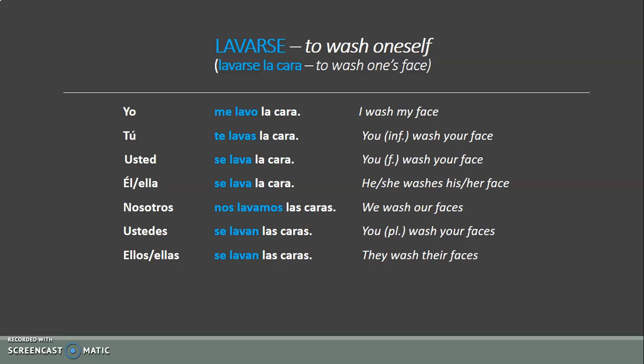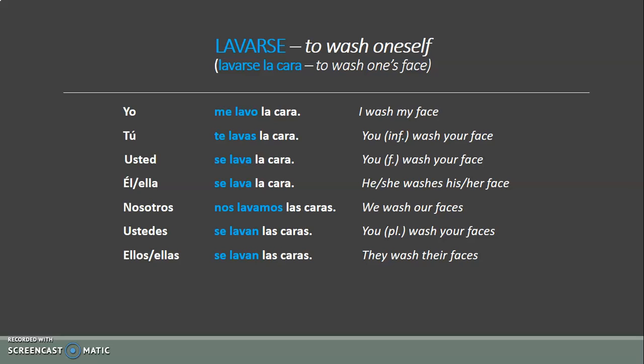But what if we had left it blank and just said, yo me lavo? Or better yet, suppose we had said something like, yo me levanto. Remember, levantarse means to get up. That would simply mean, I get up. Or what if we used a verb that was more direct as a reflexive verb, such as bañarse. Yo me baño.